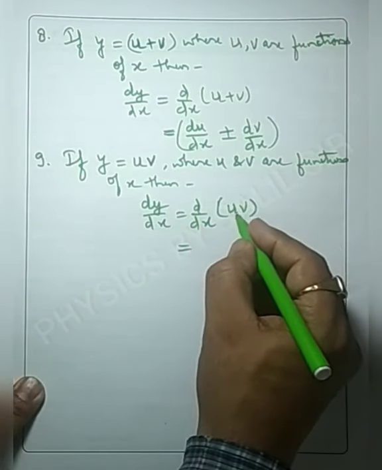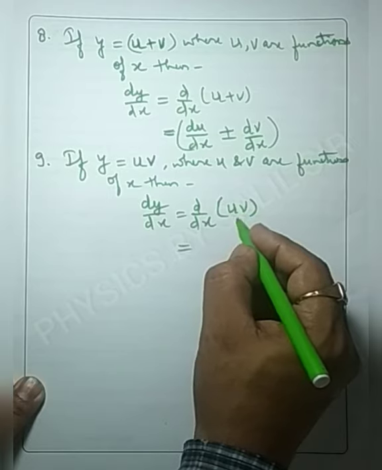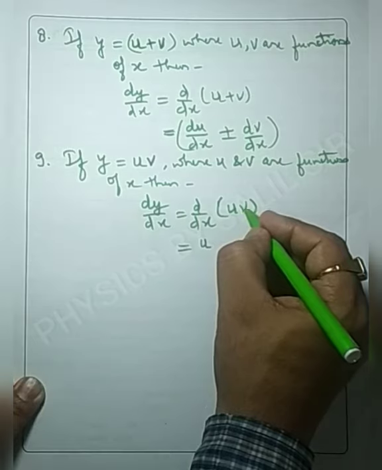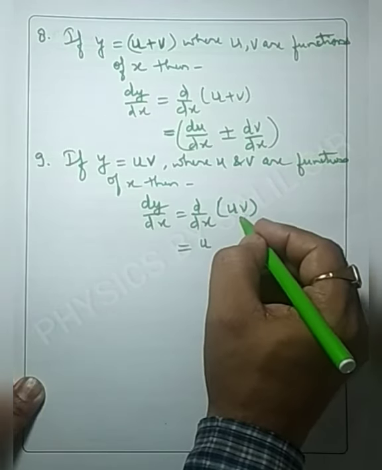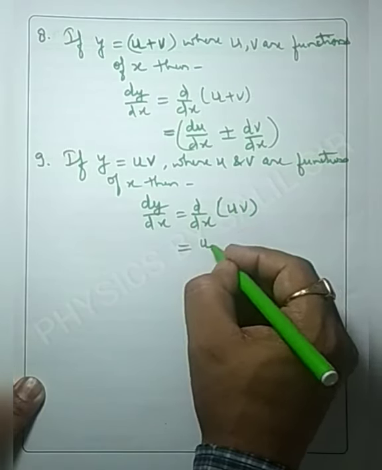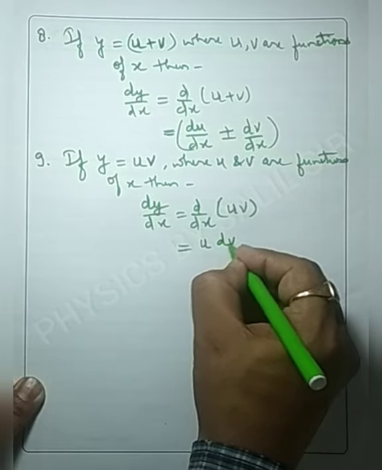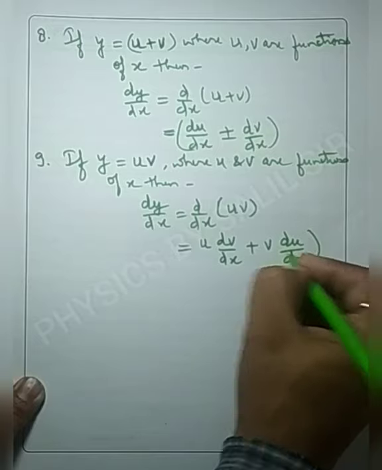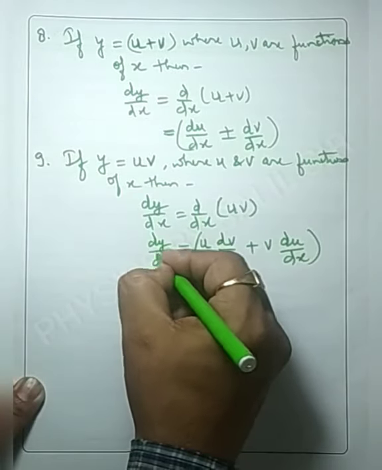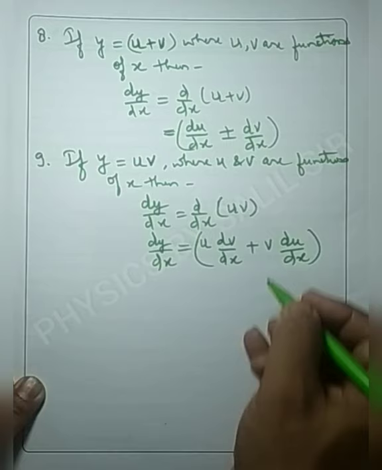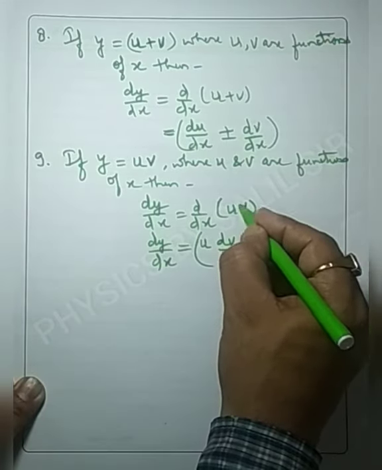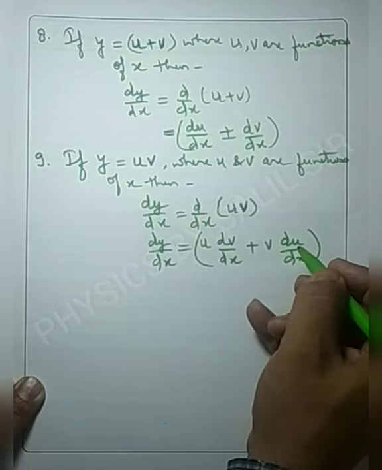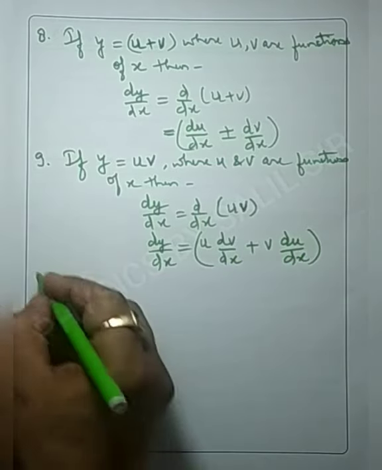You have to remember this: if it is the product of u and v, then once u is differentiated, after the plus sign v will be differentiated. So it will be u dv by dx plus v du by dx. This will be dy upon dx of the function in product form. After that we can differentiate with respect to x according to the given values of u and v.